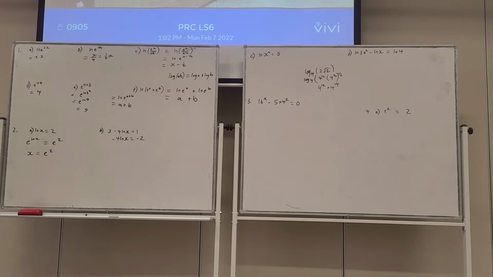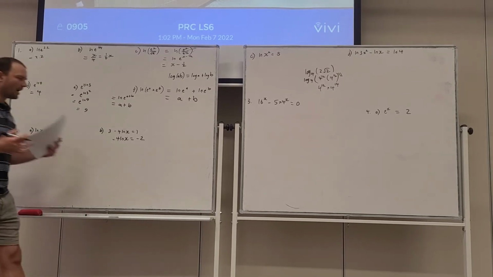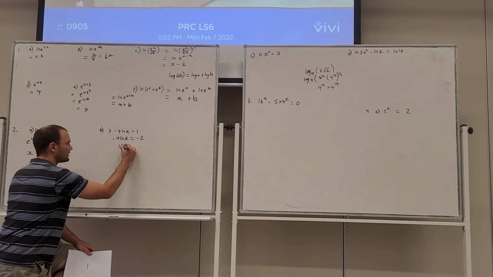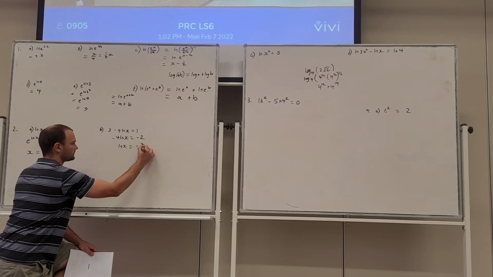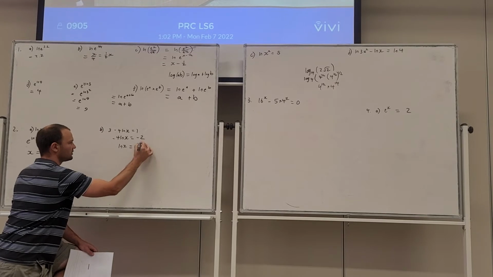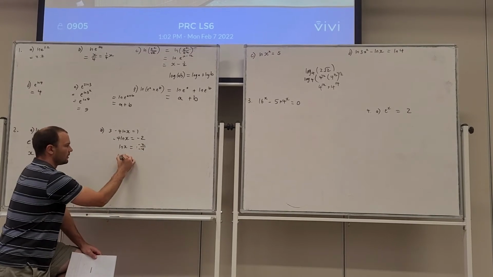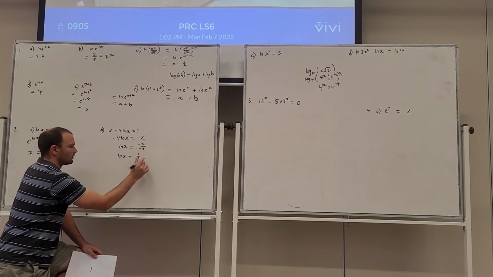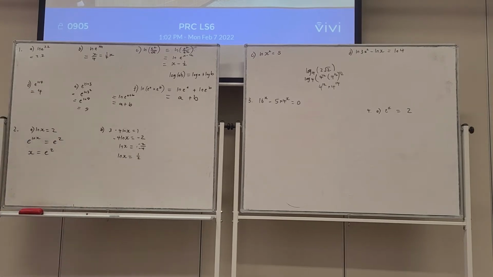All right, we've got negative on both sides, so we could drop it, but even then, we're just going to divide both sides by minus 4 to get ln x by itself. Minus 2 on minus 4. So we have ln x is half.